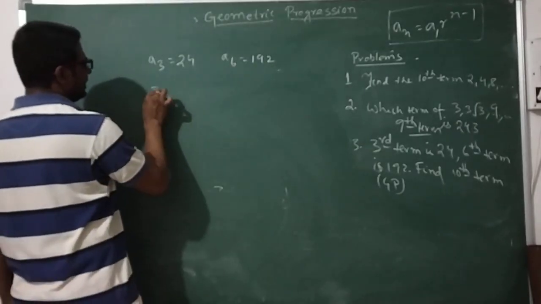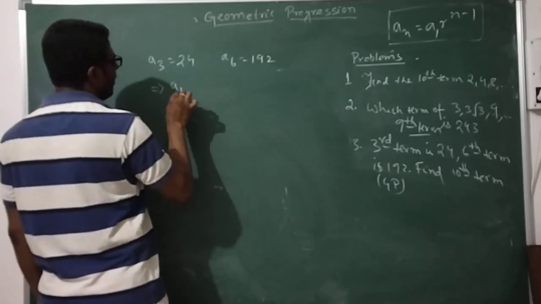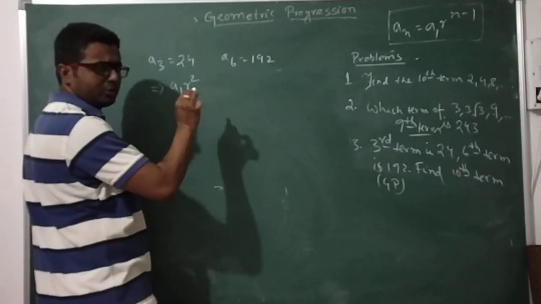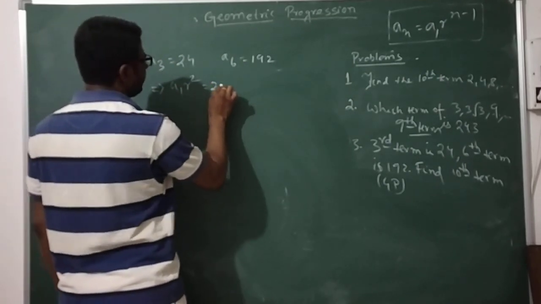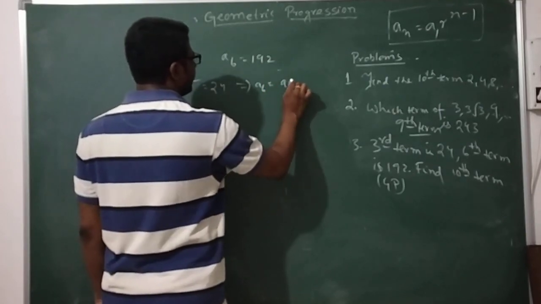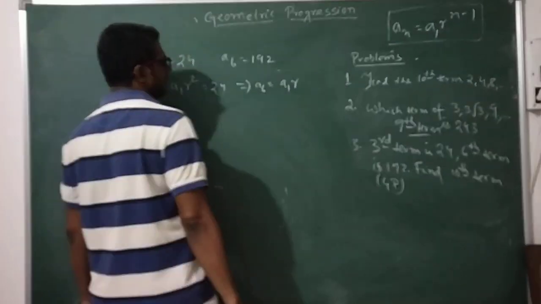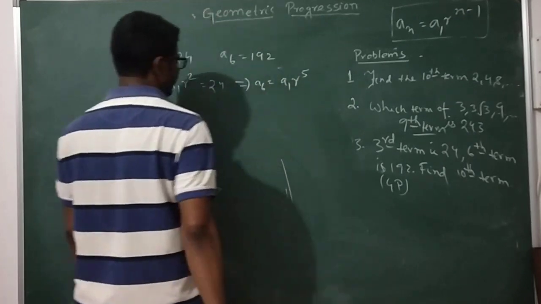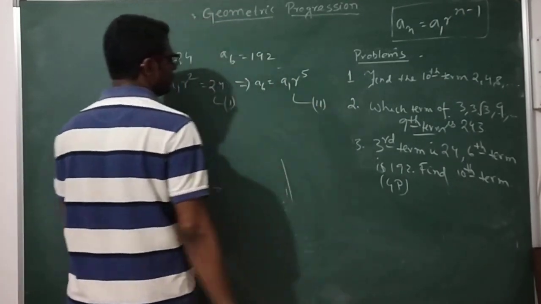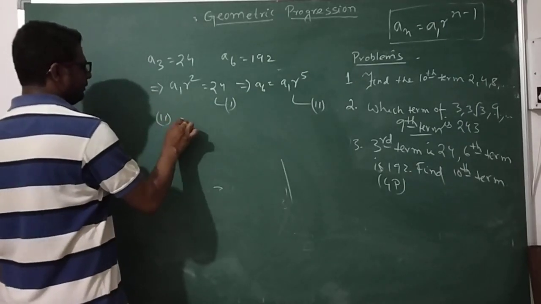So what is A3? A3 is A1 r to the power 3 minus 1, so A1 r square is equal to 24. What is A6? A6 is equal to A1 r to the power 5 is 192. Okay? So this is equation 1, this is equation 2.